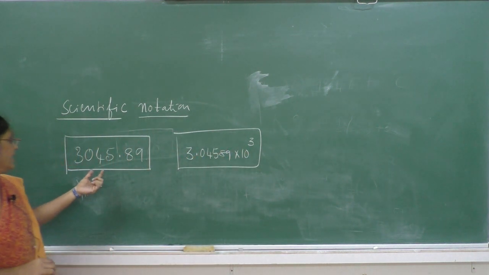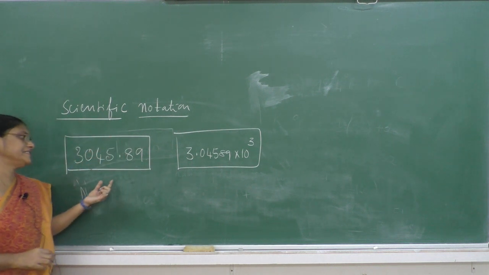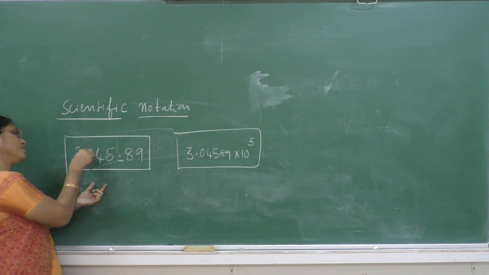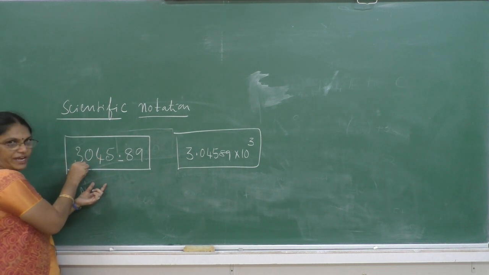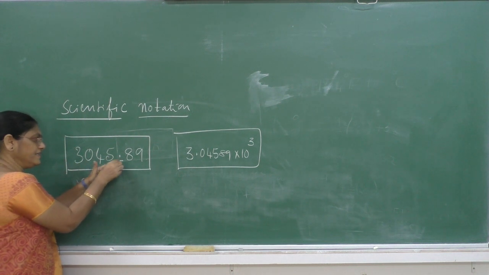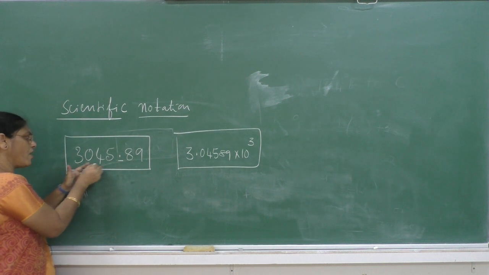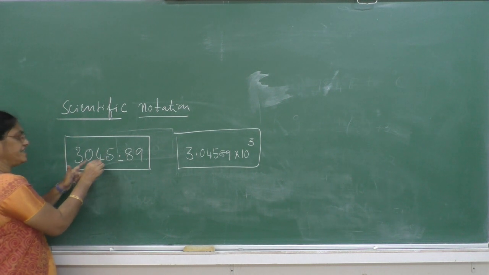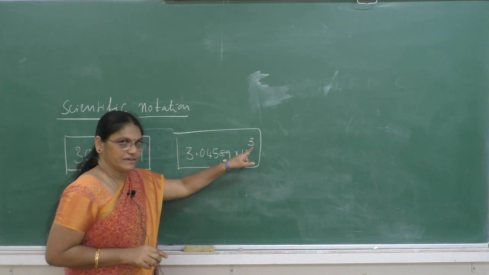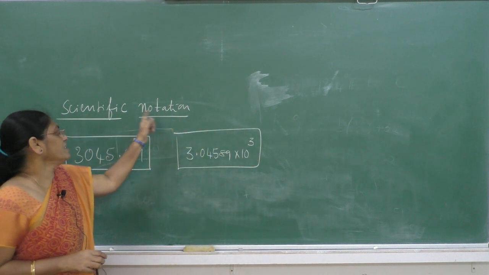So while writing the scientific notation for this number, this decimal point has to be moved or shifted to the left side. So how many digits is this decimal point moved? 3 digits. So therefore, 3 is the exponent of 10 in the scientific notation.